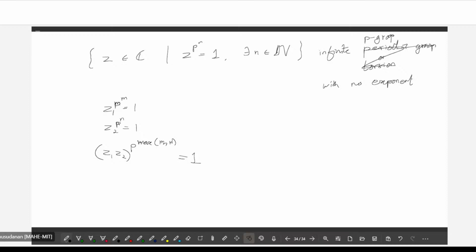That will work. But if you want the smallest one, then p to the power max of m comma n. That will also work, instead of taking the LCM. I mean, that is the LCM, correct? The same thing. So this is also a group, inverses, everything will be there. This is an infinite p group.